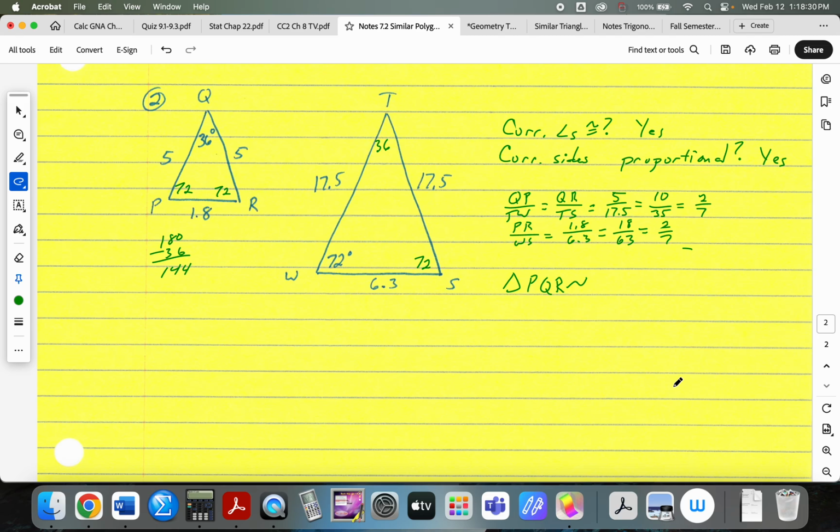Well, here we're just saying they're the same shape. They may or may not be the same size. In fact, in here, I know that they're not. To triangle TWS, WTS. So that's the similarity statement.